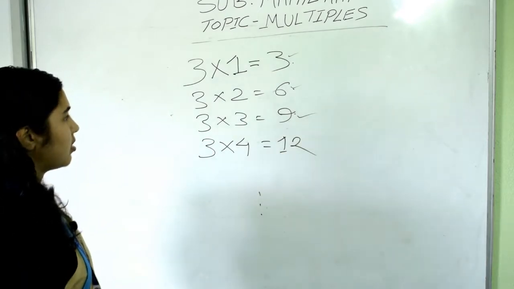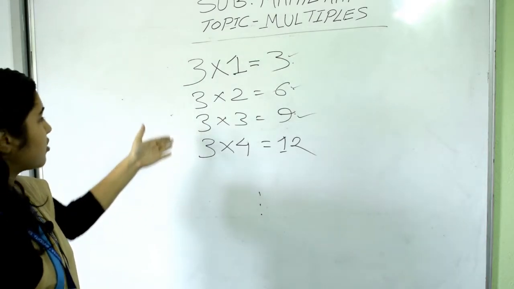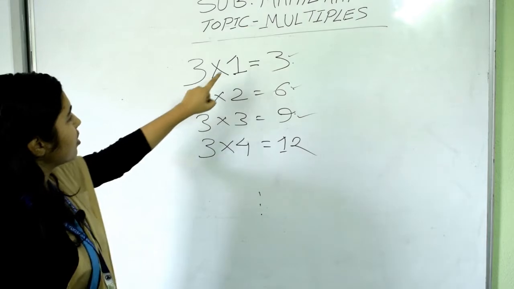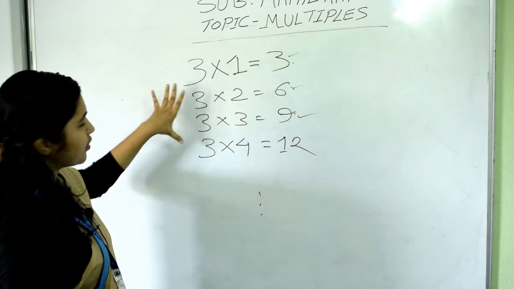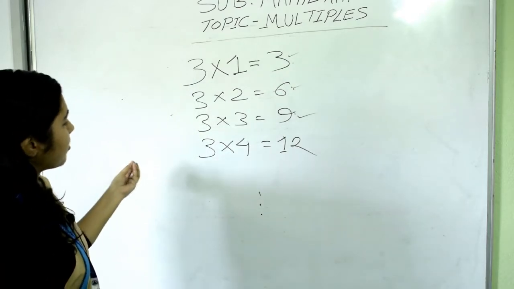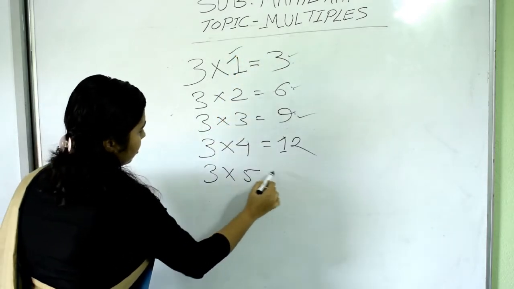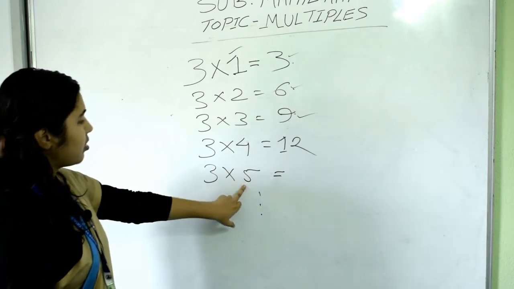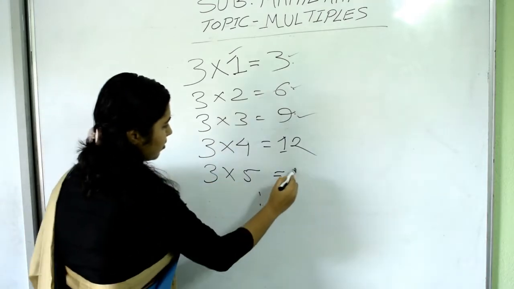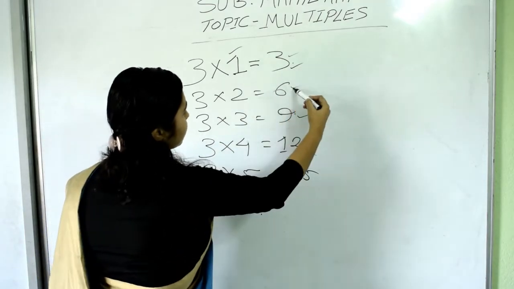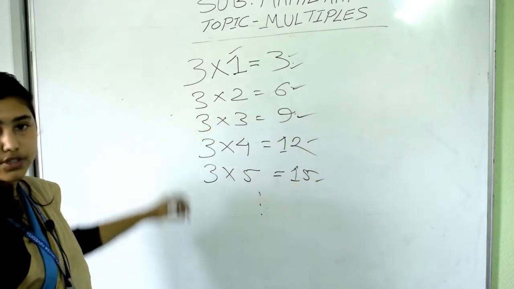If I tell you to write the first 5 multiples of 3, you have to multiply 3 with 1, 2, 3, 4, 5. That means 3, 6, 9, 12 and 15 are the first 5 multiples of 3. Now is it clear?